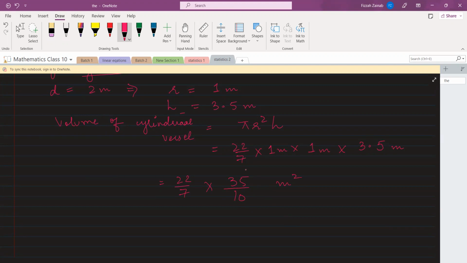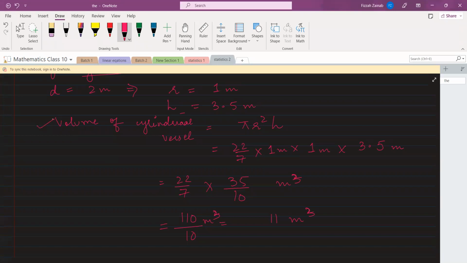Now 7 into 5 is 35, so it will be just 5 into 22. So 5 into 2 is 10, carry 1. 5 into 2 is 10 and 1, 11. 110 divided by 10, which is 11 meter cube. Oh, sorry, cube, not square, because 3 m are there. This is volume, meter cube. So volume of cylindrical vessel we have found.